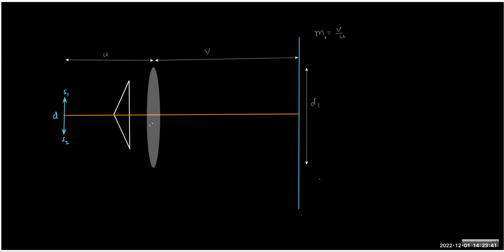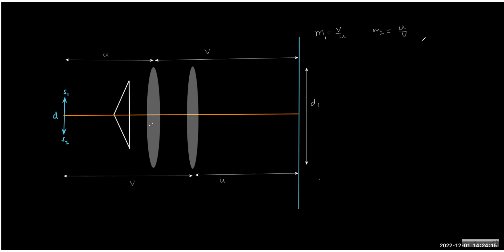But if you switch the position of this lens such that this is like V, this is like U, the magnification will be how much?